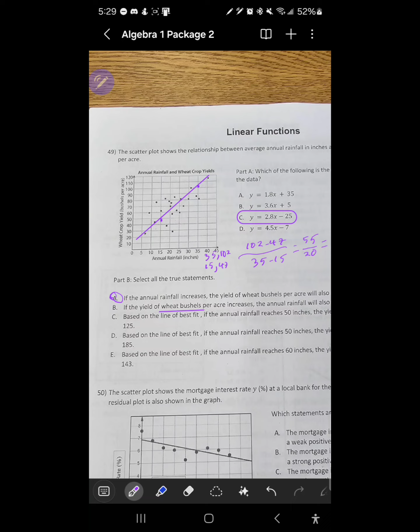So I will say no based on that. But it could be a real trick question.